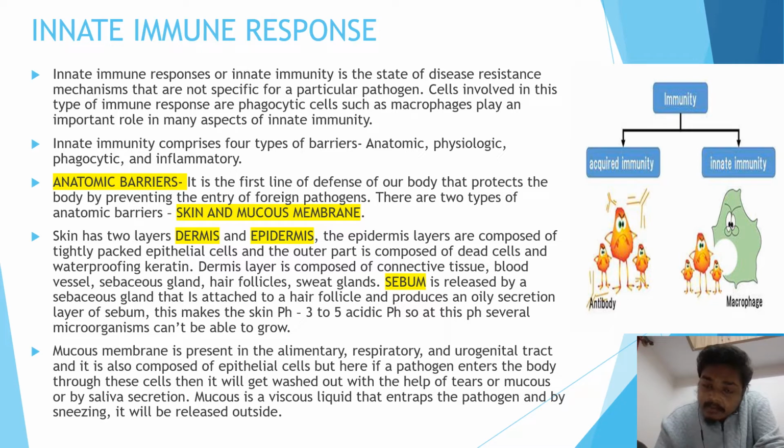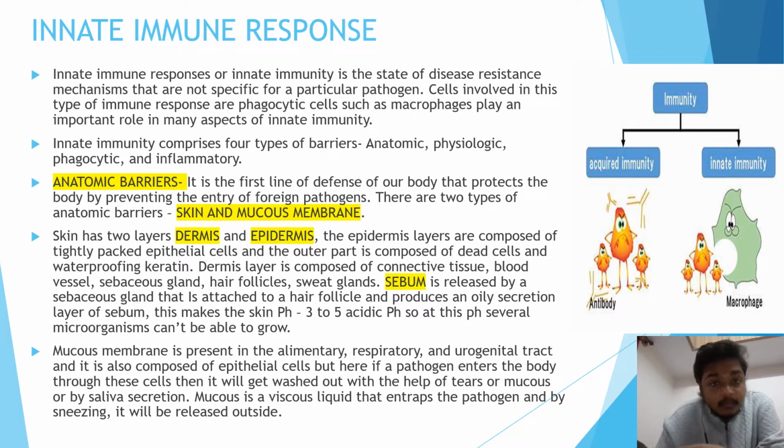With the help of MHC class 2, they present that antigen to the T cells or the B cells. After that, the antigen will be degraded and the antibody against that antigen will be produced. So that's how the innate immune system cells work.